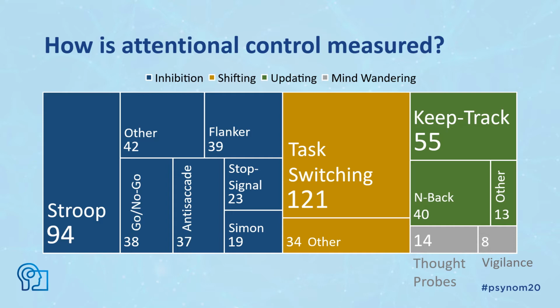And about a quarter of measures assessed shifting, in yellow here, and of those, almost all of them were variations of the classic task switching paradigm. And in green, we have the updating tasks, and most of those were keep track tasks, followed by n-back tasks. And in gray, we see that we also had some mind wandering measures, and most of those were thought probes.